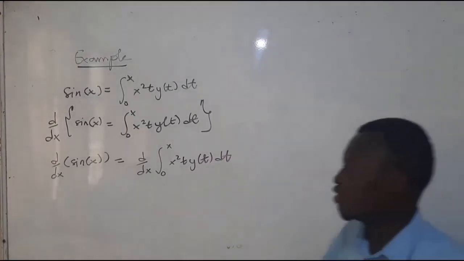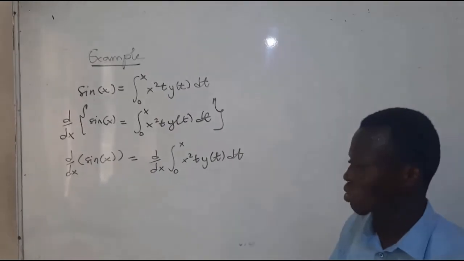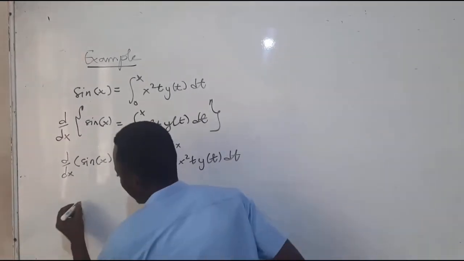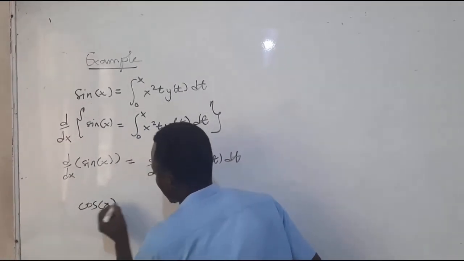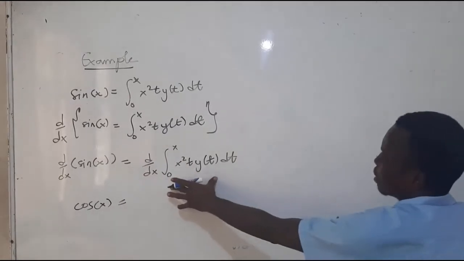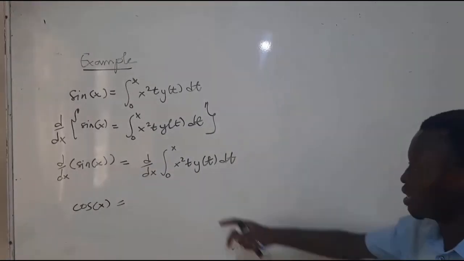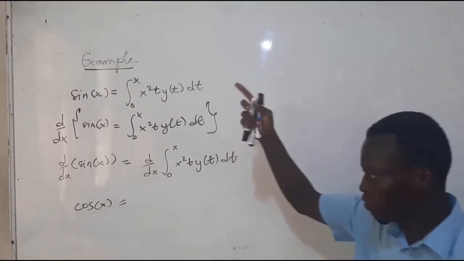So if we differentiate sine, we are going to get cos s. From this side, you easily see that you have to apply differentiation under the integral sign from our previous note.